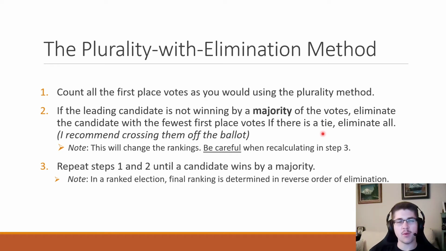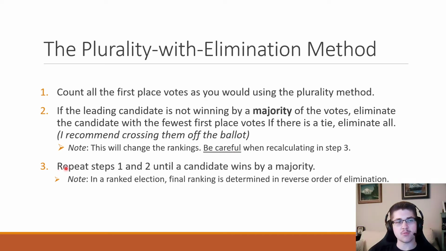You might be wondering, nothing will change when someone's eliminated. But what will happen is we're going to have to shift the votes from the candidate who was eliminated to the next best choice. That's what the note here says: be careful, it will change the rankings. I'll show you what I mean when we actually look at the class election example once again.